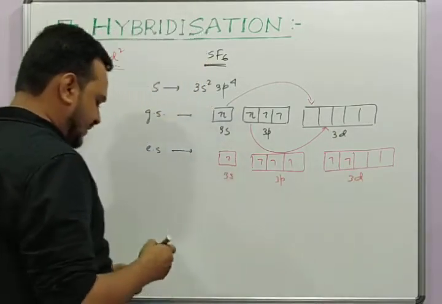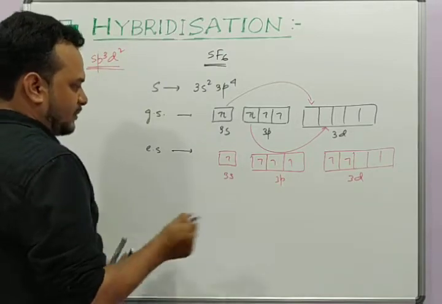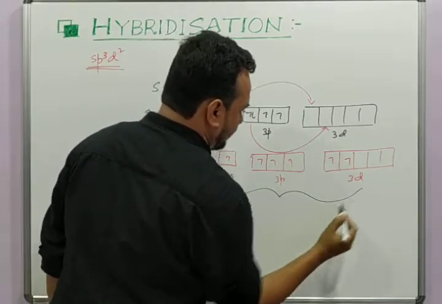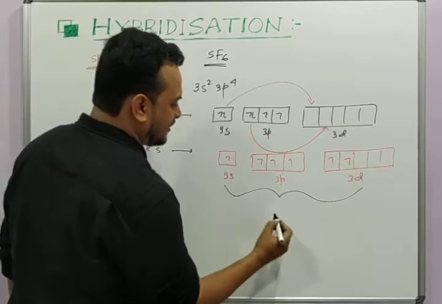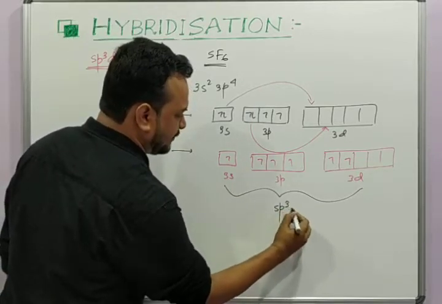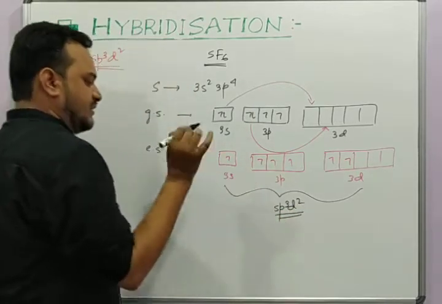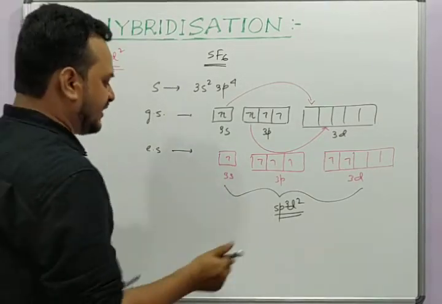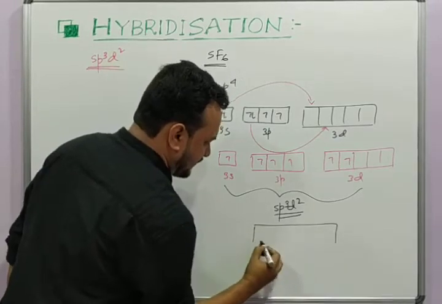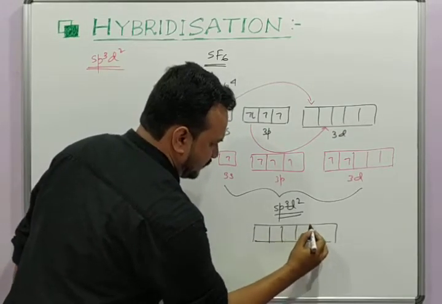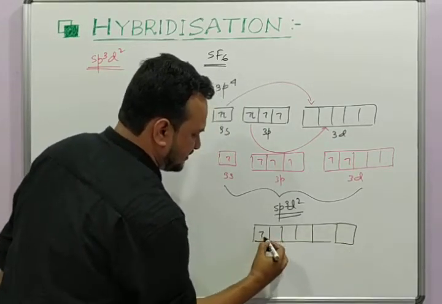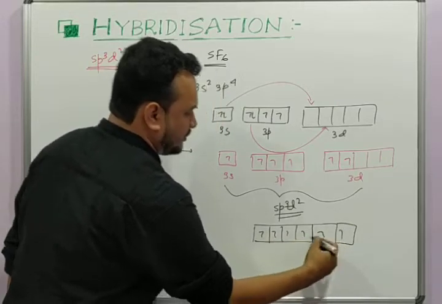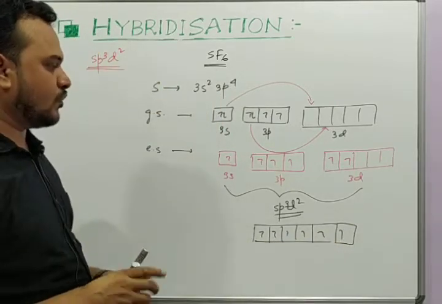In this hybridization, one s orbital is participating, 3 p orbitals are participating, and 2 d orbitals are participating. So the name is sp3d2. Now this hybridization gives you energetically equivalent hybrid orbitals. We now have 6 hybrid orbitals, each containing 1 electron, responsible for the covalency.